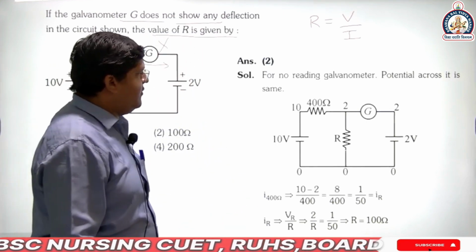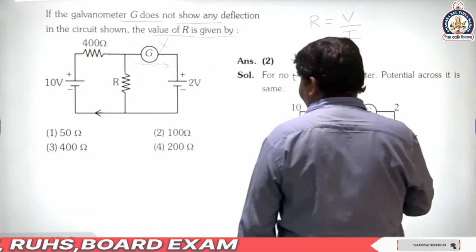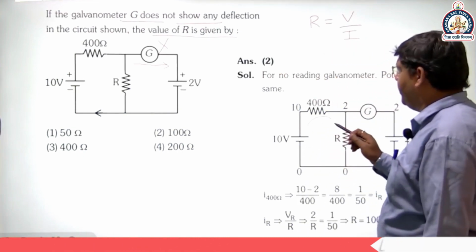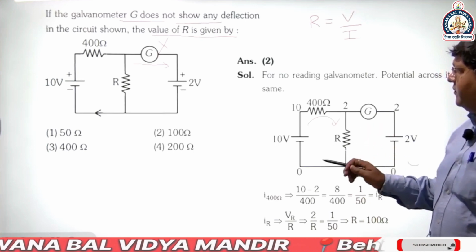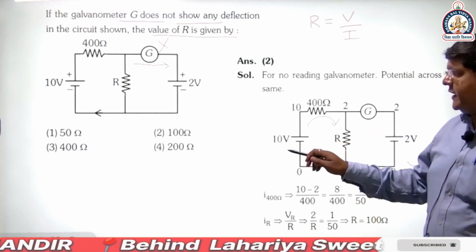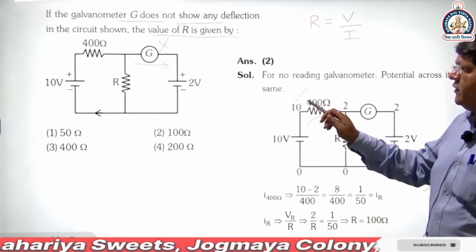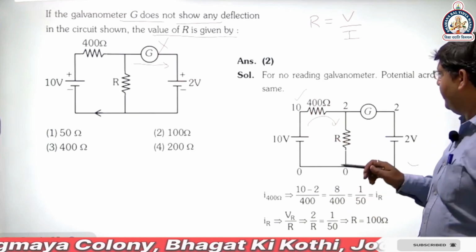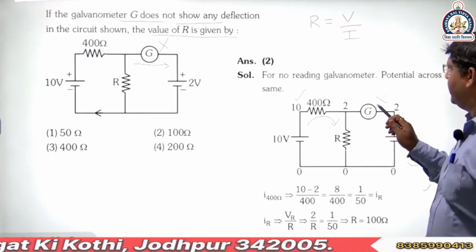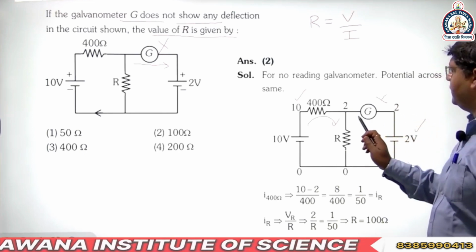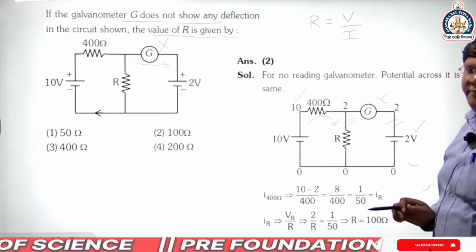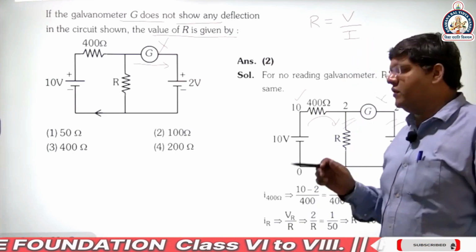First we calculate the value of current flowing in this 400 ohm resistor. We can see there is a voltage source of 10 volt at this portion. Now there is no current in this branch and there is a voltage source of 2 volt, so we know these branches are in parallel and the voltage of the parallel branch is always the same.